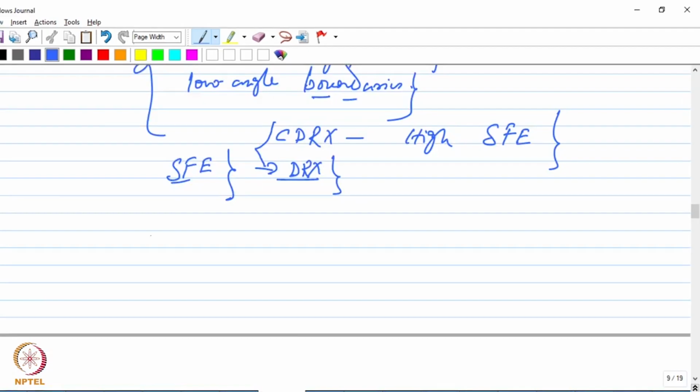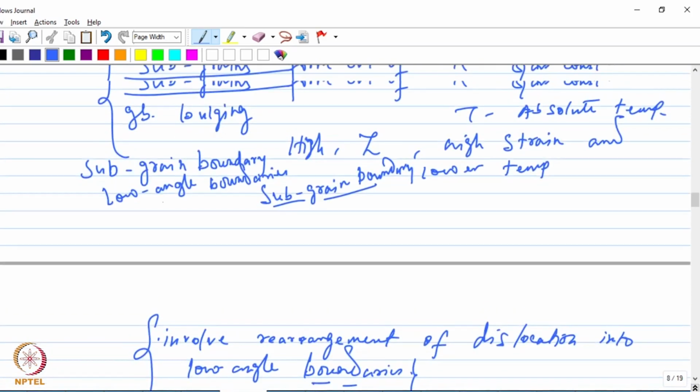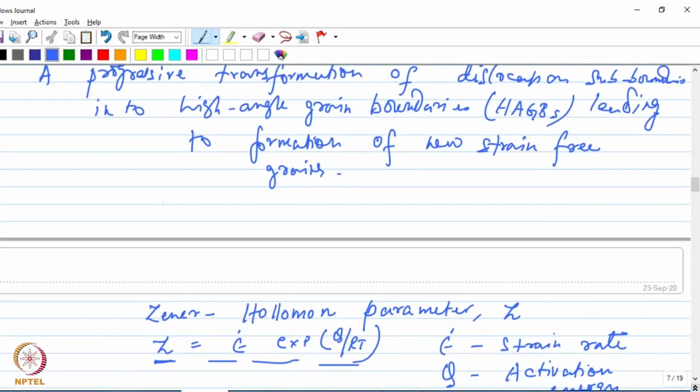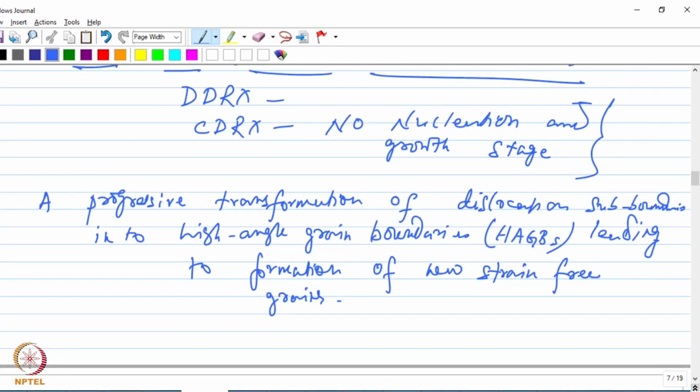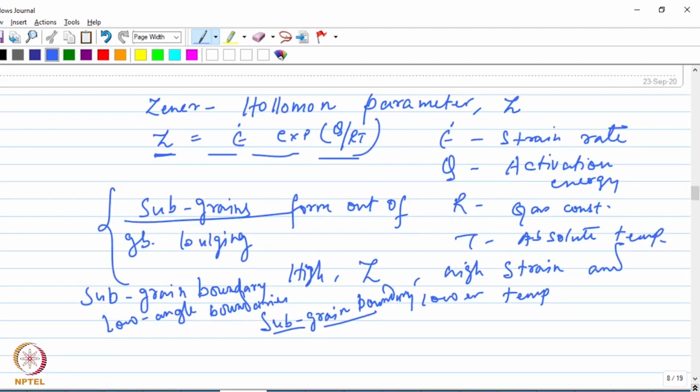So these are the two dominant forms of dynamic recrystallization, and we also have some other mechanisms for the CDRX process. In this case, we said it is through the progressive increase in the misorientation. That gradual increment can also occur by another mechanism, which we are going to discuss next.